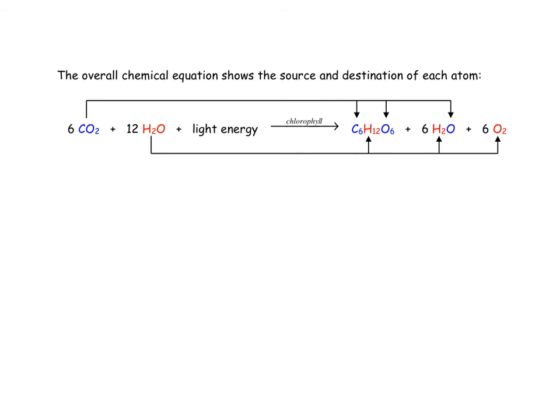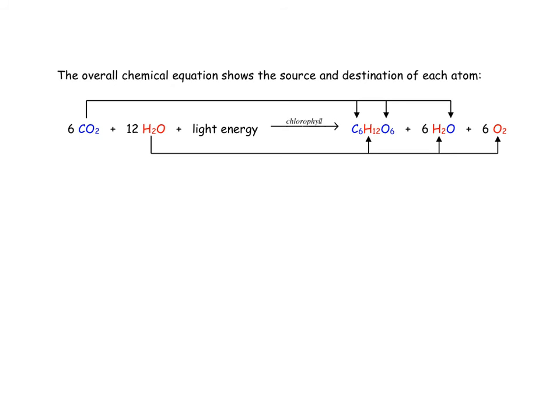But one thing that's worth noting here is that the oxygen that is produced, the O2, is not coming from CO2 at all. It's strictly coming from our water molecule, right? So the O2 that's produced, those oxygen atoms came only from the water that was used as the reactant, not from our CO2.